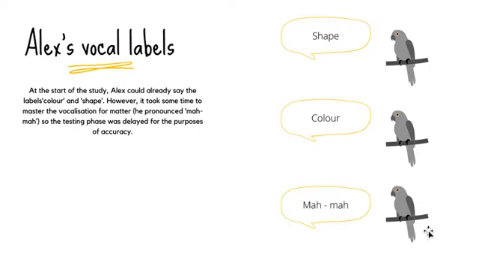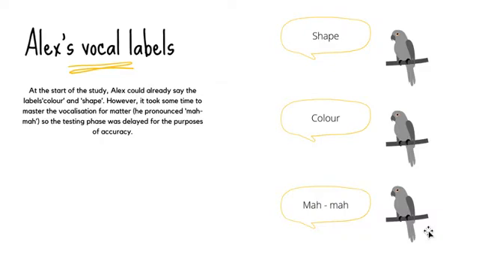Now before the start of the study, Alex's vocal labels. We'll talk about that. As you know, before this, Alex can already say green, red, two-cornered, wood. But can he say shape, color, and matter? So at the start of the study, Alex could already say the labels color and shape.